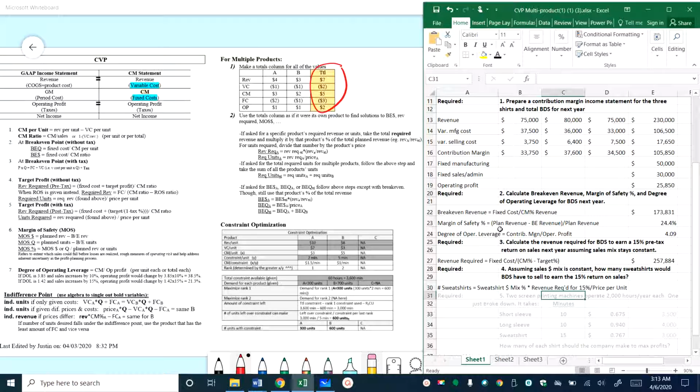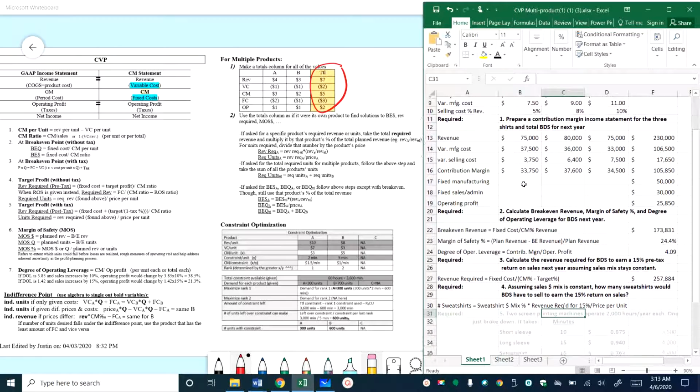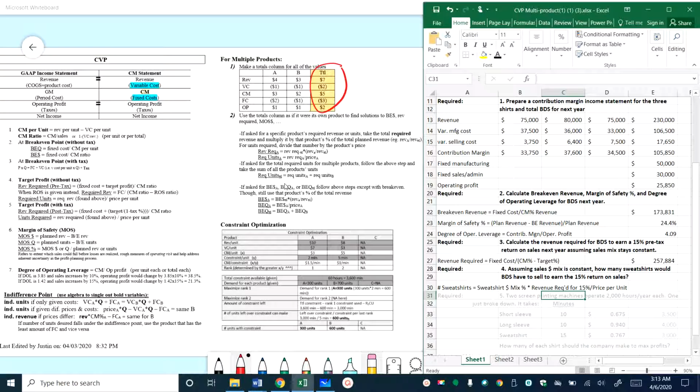So remember that it's asking us for the units of sweatshirts, and we know that the units just equals the required revenue, which is found above, divided by price per unit. So also, you might have remembered and noted that because it's asking specifically for sweatshirts, which is just one of our products, that would be the second one here, that we have to kind of do this weird thing here.